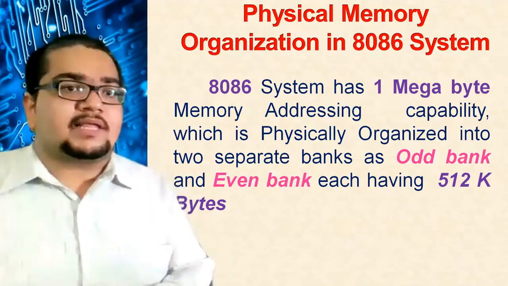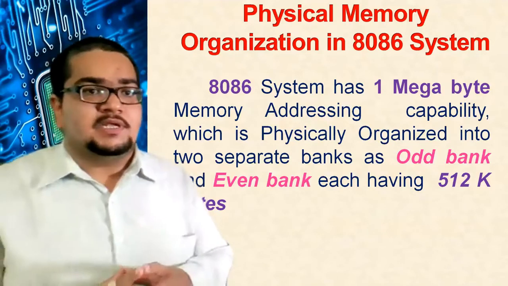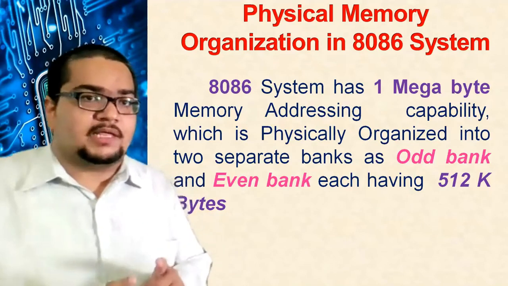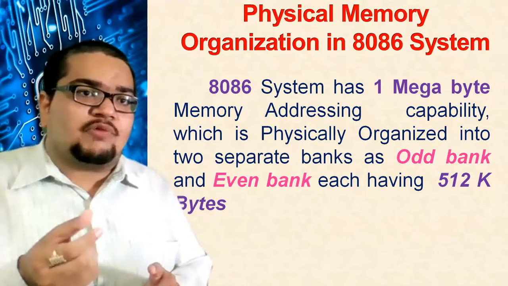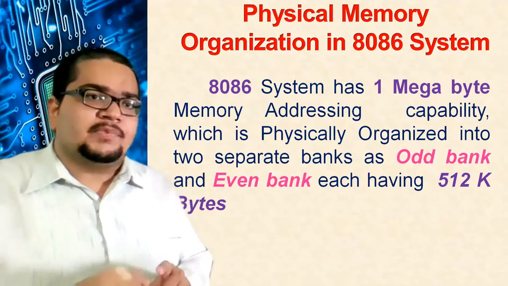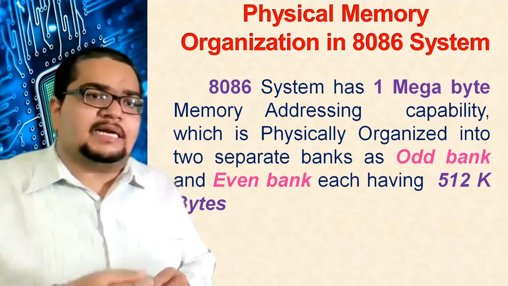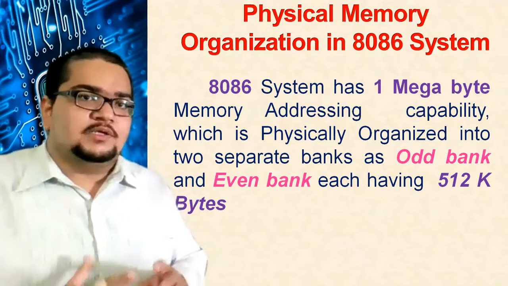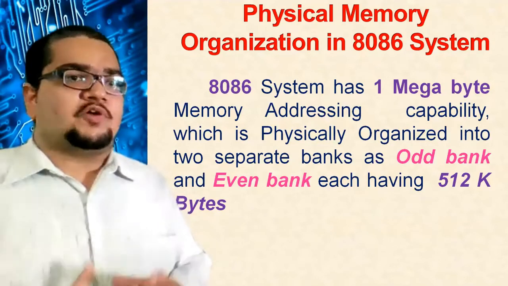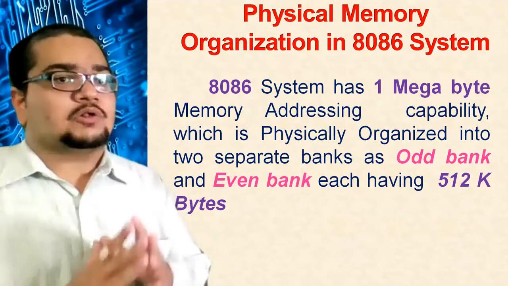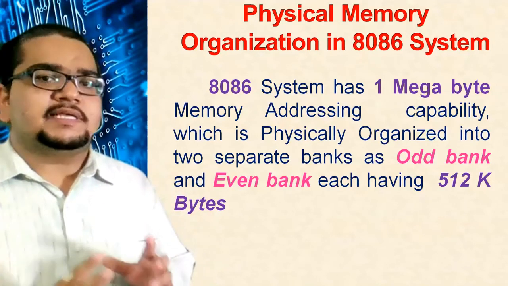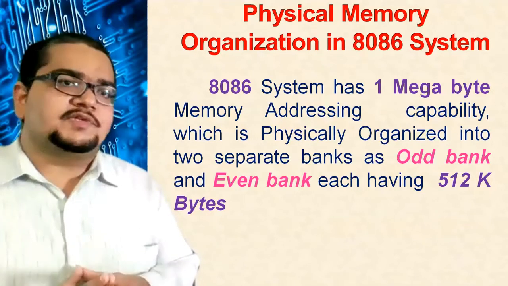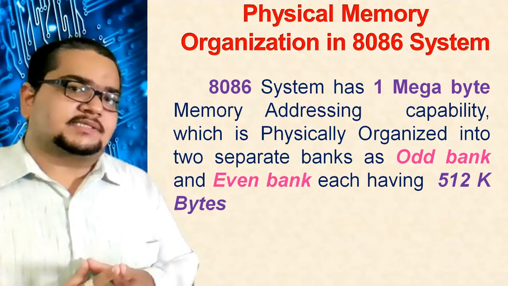So normally our ALU performs 16-bit operations, but you can also perform 8-bit operations in your ALU by acquiring only the 8 bits of data, operating upon that, manipulating it, and processing. After that process, 8-bit information can also be generated. So for providing the option of 8-bit operations and also 16-bit operations, these different bank organizations are required in the physical memory system of 8086.